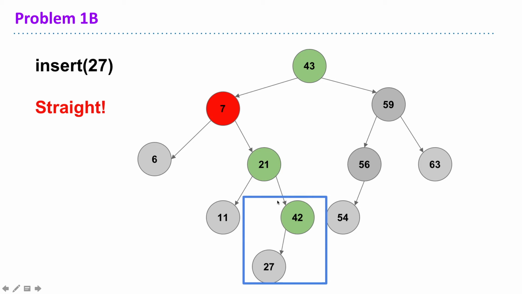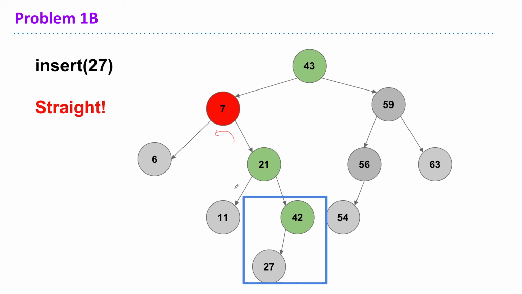So notice that 27 is in the right subtree of 21, which is 7's right child. So this means that we're going to be in the straight case, which means that we just need to do one left rotation on 7 in order to restore balance. So when we're doing our left rotation, that means that we move 21 up to where the 7 is and make 7 the left child of 21.